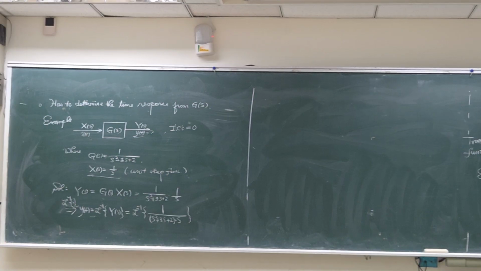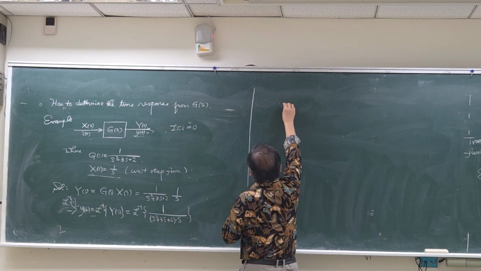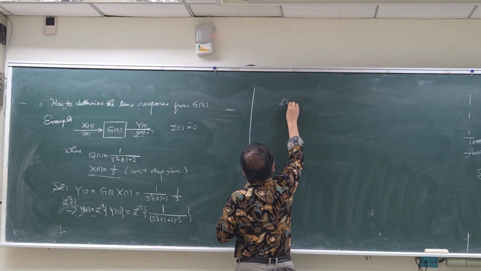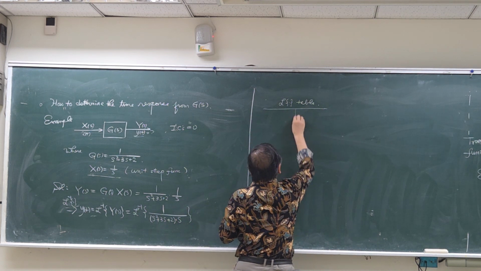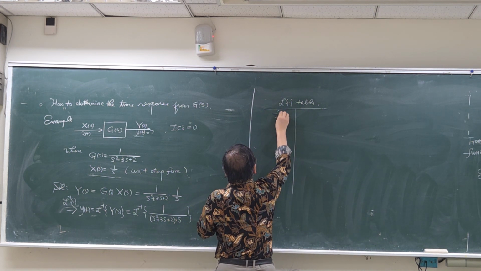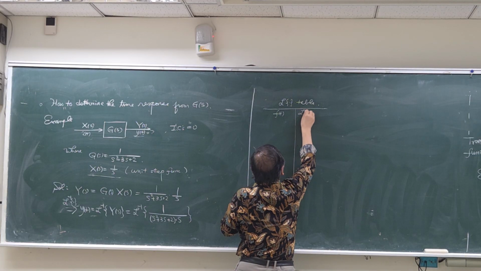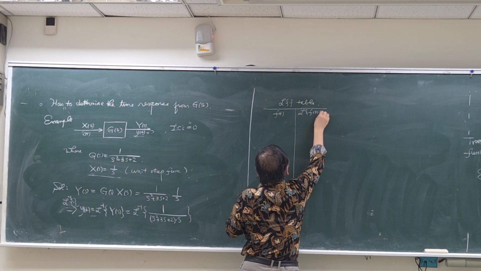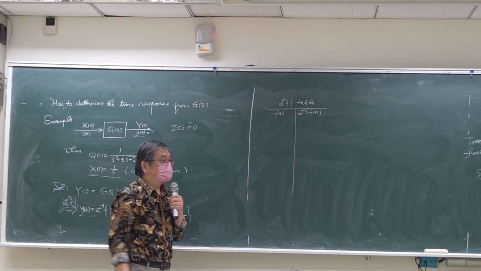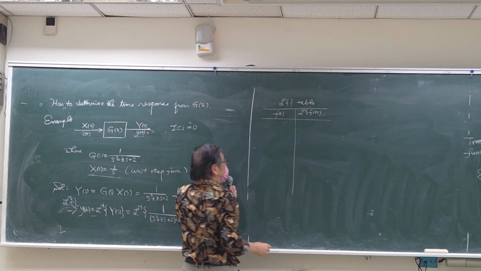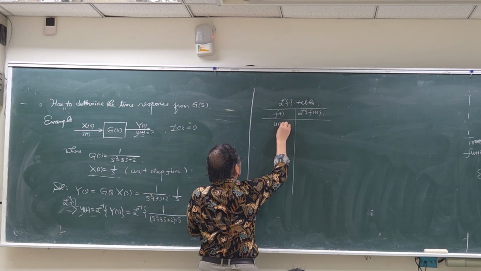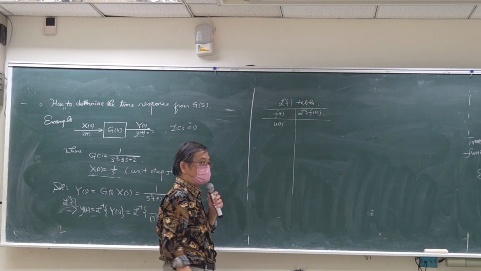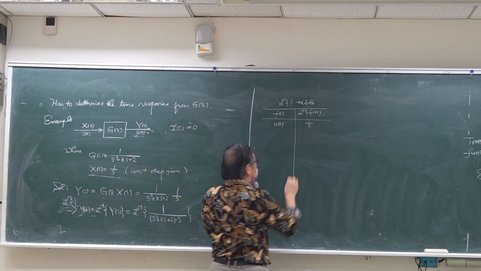If we try to look at the table, suppose we have a Laplace transform table. This is f of t, and this is the Laplace transform. Now if f of t is a unit step, what is the Laplace transform of the unit step? 1 over S, right?